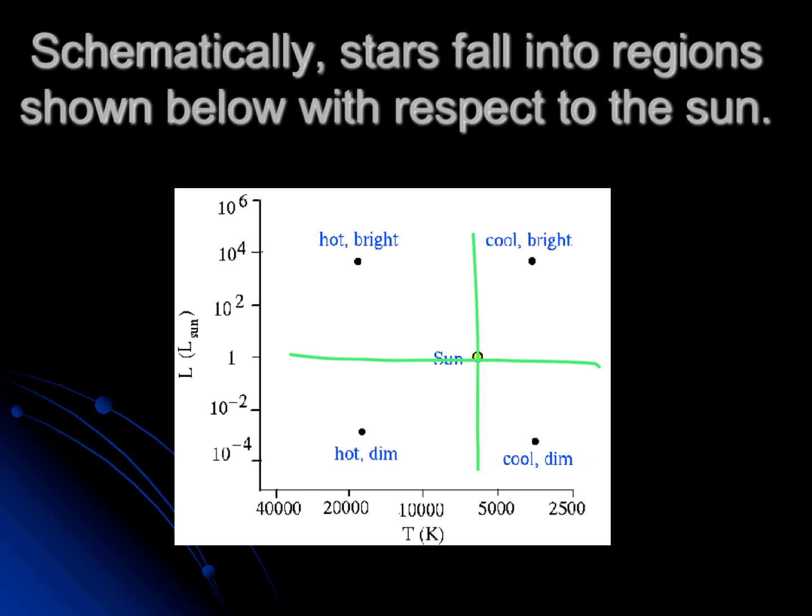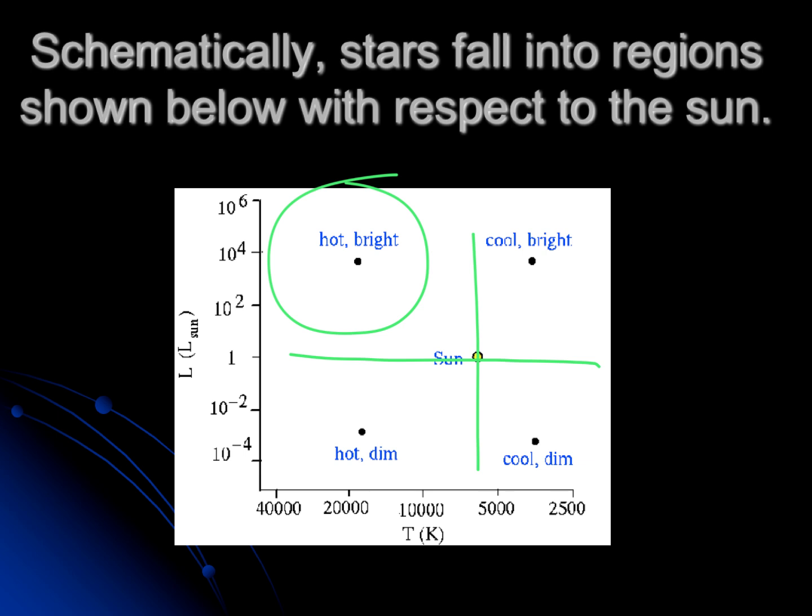Drawing lines through the sun, we can split the diagram into 4 quadrants. In each quadrant, stars would be similar to each other as compared to the sun. All stars in the top left quadrant are both hotter and brighter than the sun, while stars in the top right quadrant are brighter than the sun but are cooler than the sun. Make sure that you understand the patterns that we see in stars from this diagram based on where a star falls on it.